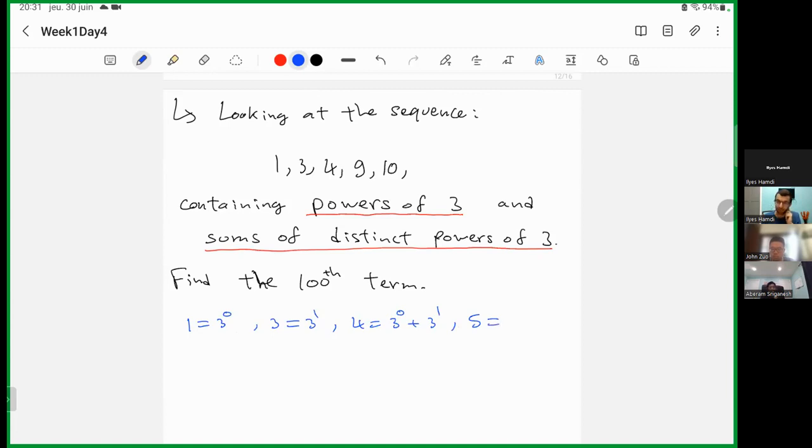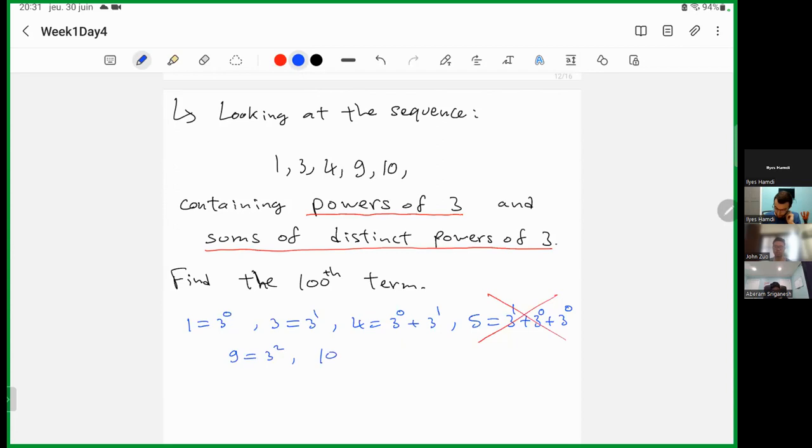Because if I write down 5 as a sum of powers of 3, I would need 3 to the 1 plus 3 to the 0 plus 3 to the 0, but we said they have to be distinct. So this is not possible. And then if you check, 6 until 8 doesn't work, and then 9 is a power of 3.